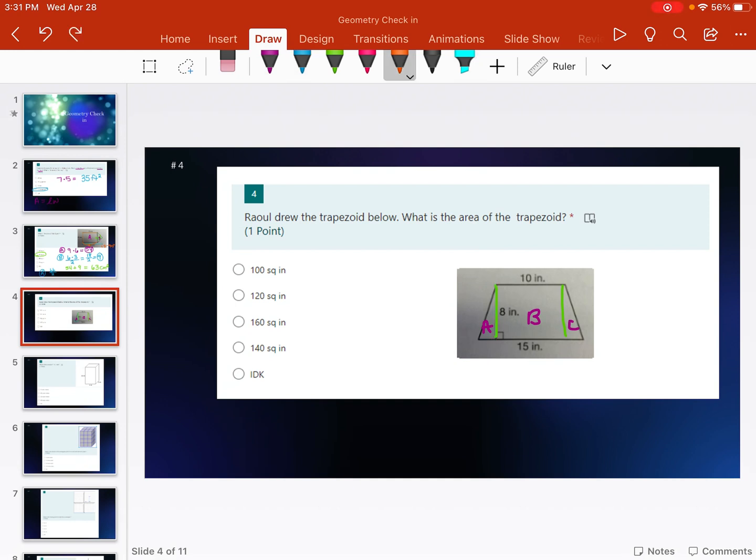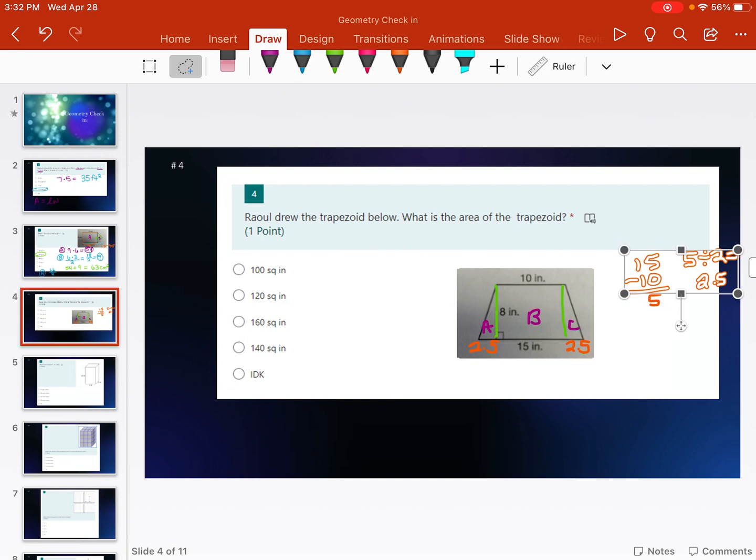Again, if I know the entire length across here is 15, and I know this middle section is 10, I'm going to do 15 minus 10, and that will give me 5 left over. But it's not 5 for each triangle. I have to split it between the 2 triangles. So I'm really going to do 5 then divided by 2, and that gives me 2.5. So the base of this triangle is 2.5, and the base of the other triangle is also 2.5.